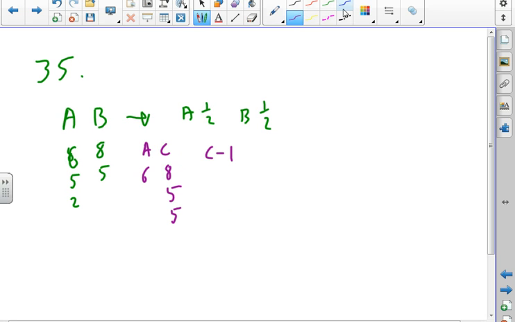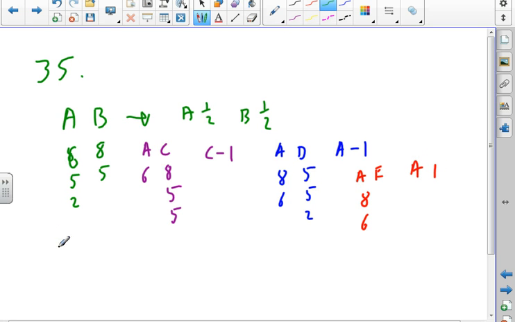Now we're going to look at A versus D. A gets 8, A gets 6, D gets 5, D gets 5, D gets 2. A wins. A gets 1 vote. Then A versus E. A gets 8, A gets 6. A wins already. So A gets 1.